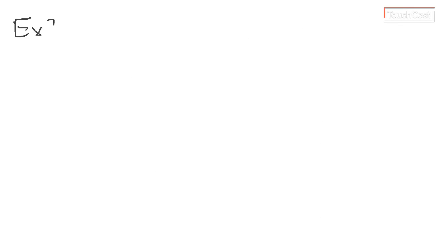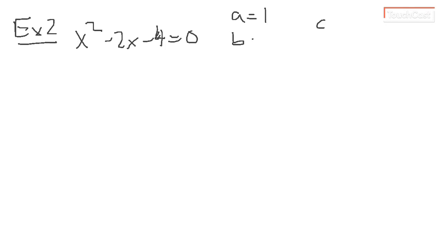So example 2, we're going to still use the quadratic formula, but we're going to look at x squared minus 2x minus 4 is equal to 0. So I like to first identify my a, my b, and my c. a in this case is 1, b is negative 2, c is negative 4.